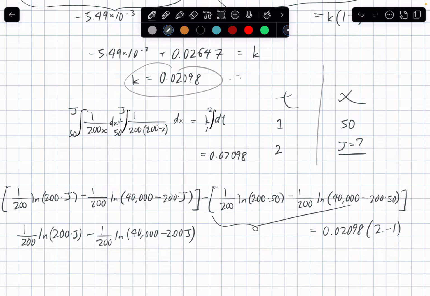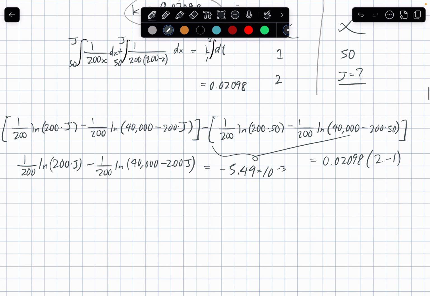This one can be simplified as, it's the same thing as earlier. Negative 5.49 times 10 raised to negative 3. If you want to show the solution, something that we're supposed to do, we multiply all sides by 200.